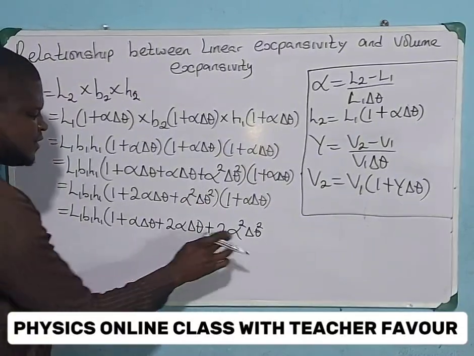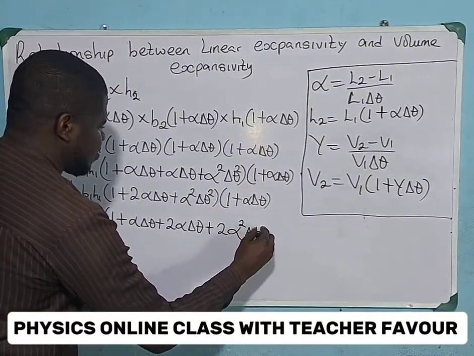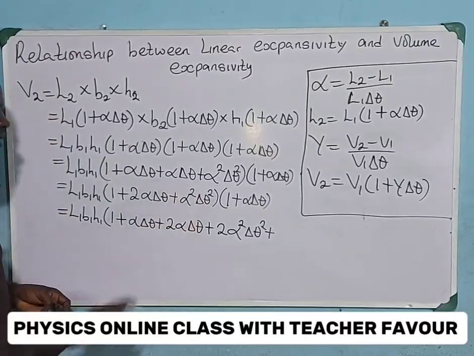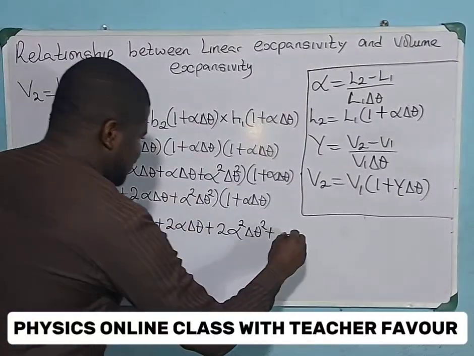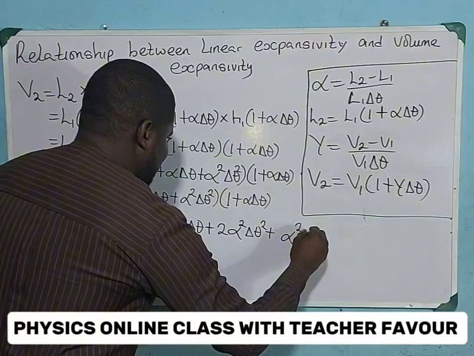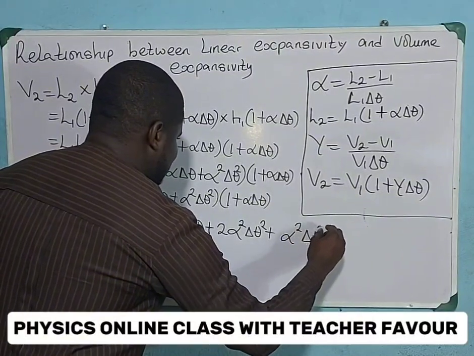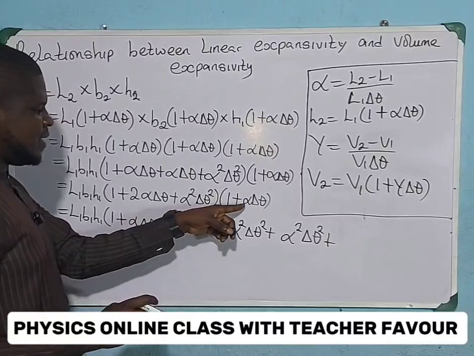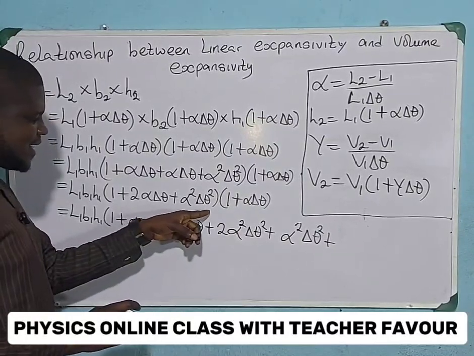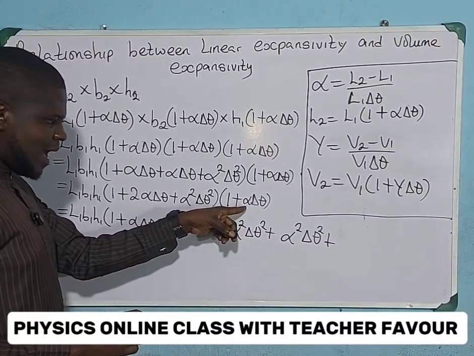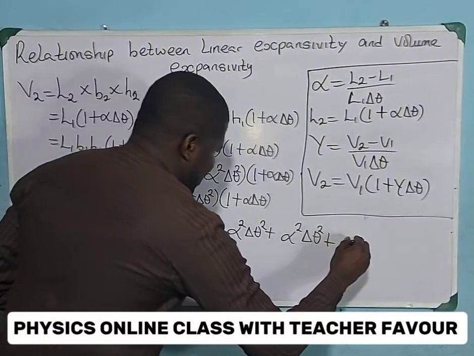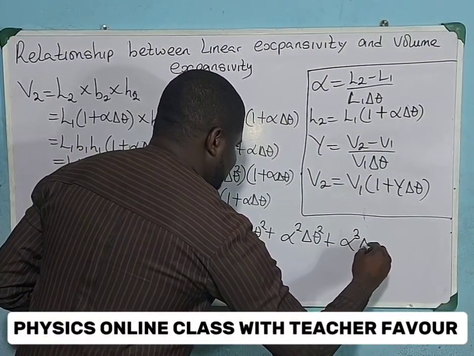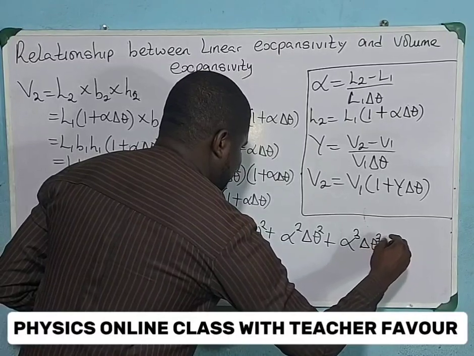We now go over to this. Alpha square delta theta square times 1 will give us alpha square delta theta square, plus alpha square delta theta square times alpha delta theta will have alpha cube delta theta cube.